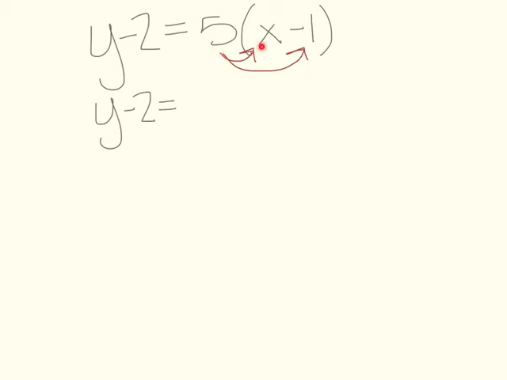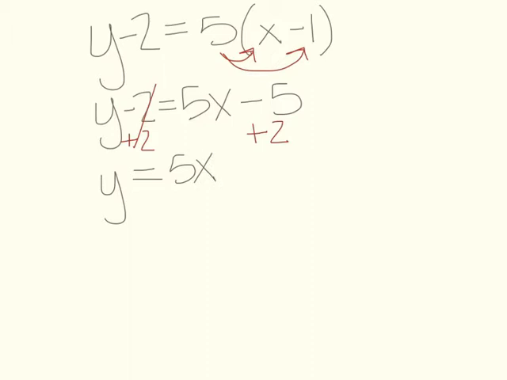But I have 5 times x, which is 5x. And we have 5 times negative 1, which is a negative 5. Then to get y by itself, we'll just need to add 2 to both sides and get all the constant terms on one side of the equation. So we have y equals 5x minus 3.